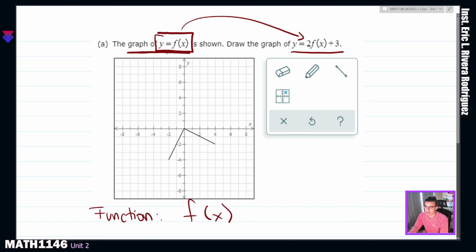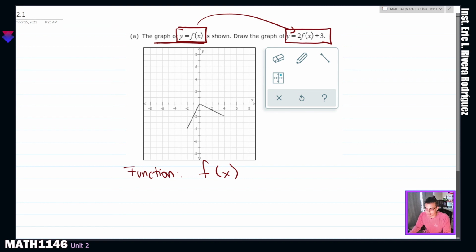In order to draw this graph, y equal to 2 f of x plus 3, we are going to go through several steps.